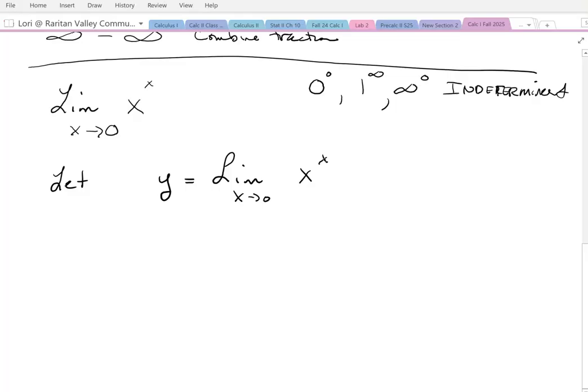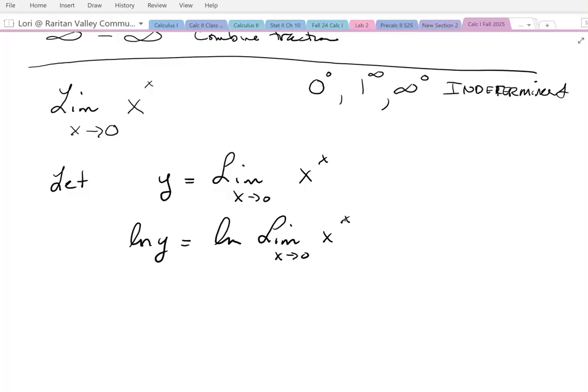Because the second I can introduce it as part of an equation, I can then do all sorts of things to it, as long as I do them to both sides of the equation. And one of those things I can do is take the natural log of both sides. So I can say, okay, I want ln of y, and then I want ln of the limit of x goes to 0 of x to the x. And hopefully you're thinking, oh, that makes sense, because you can do stuff when you take the natural log of things.